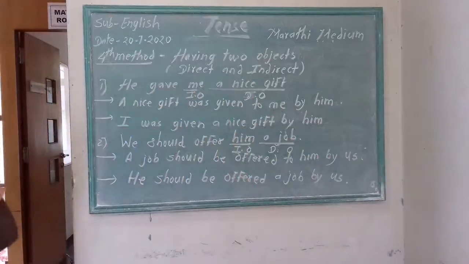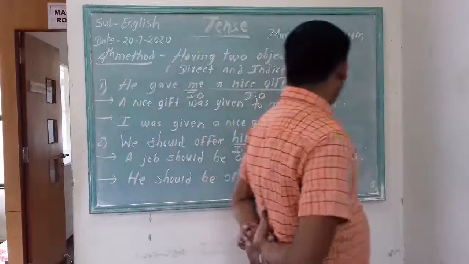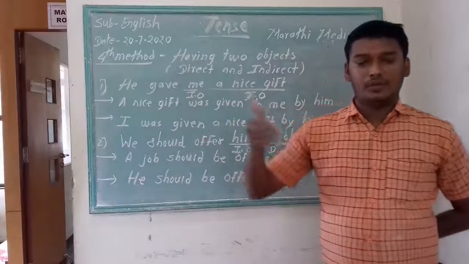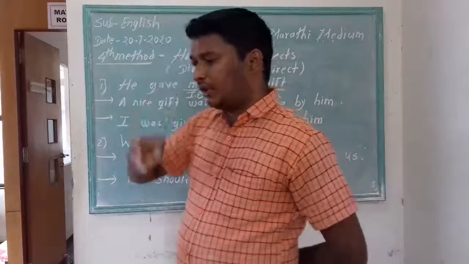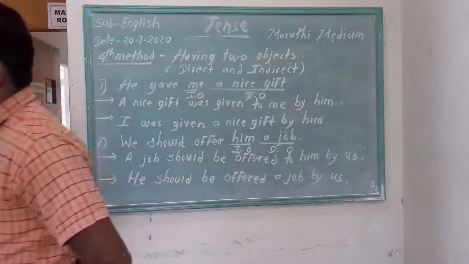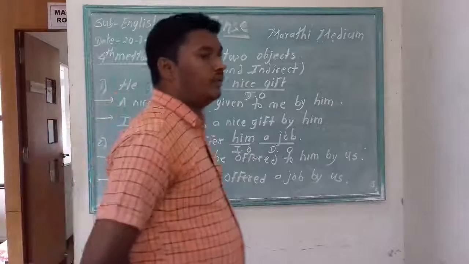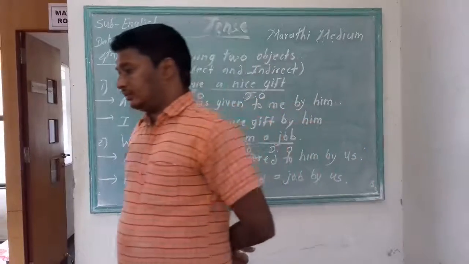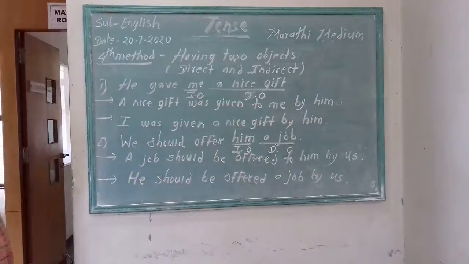Take the preposition to into single inverted commas before the indirect object, not direct. Before the indirect object, after the past participle of the verb. Full stop. Other changes are the same. Full stop.